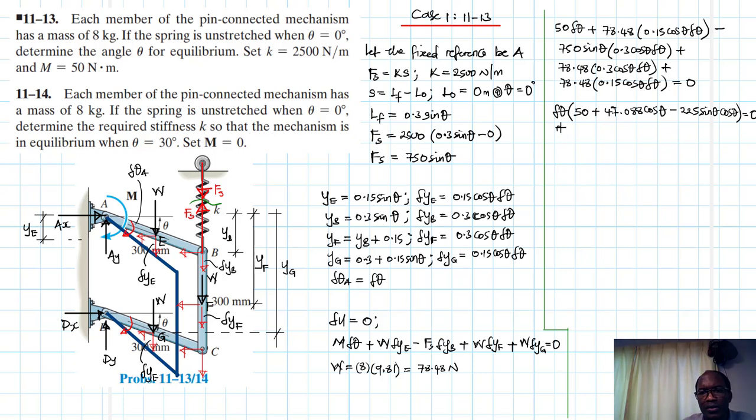So we know that del theta is not going to be equal to 0. The only part that will be 0 will be this part.